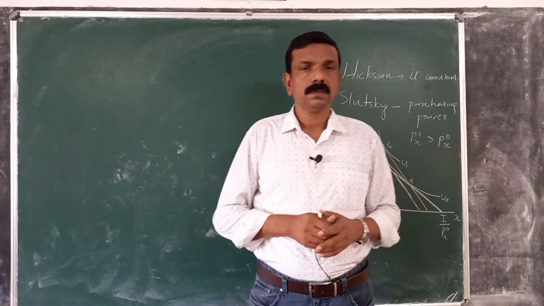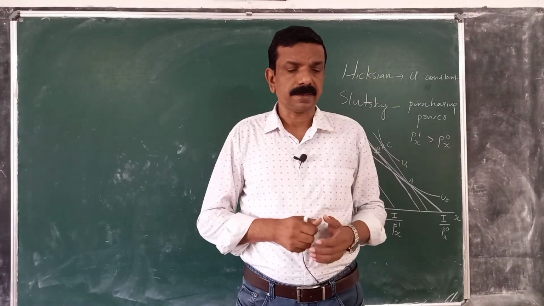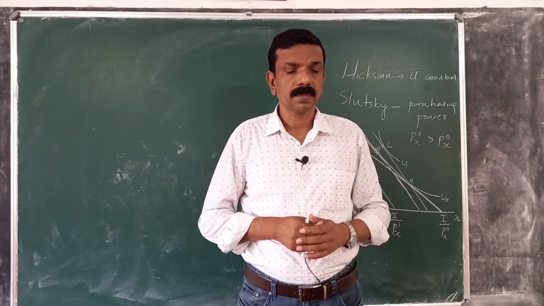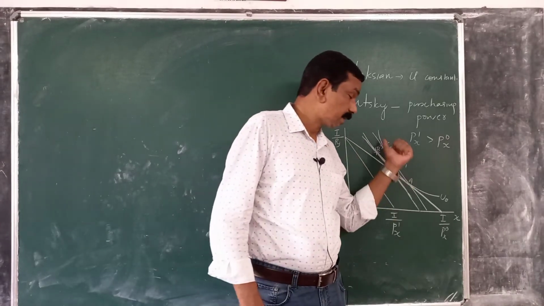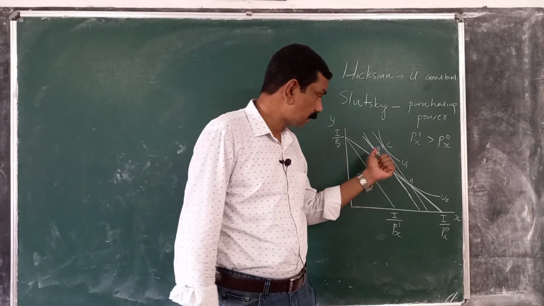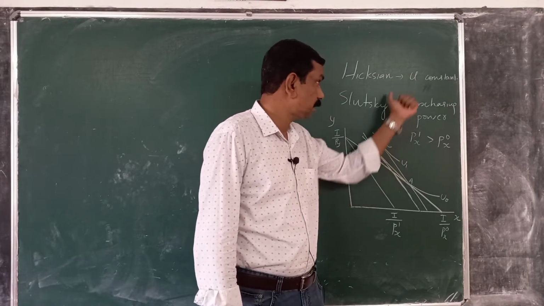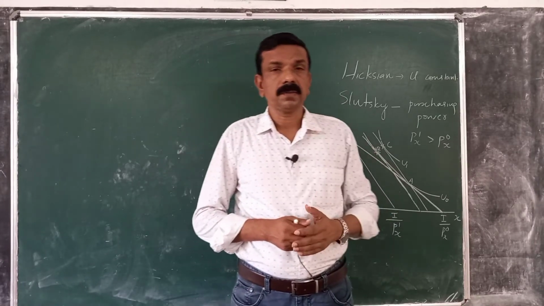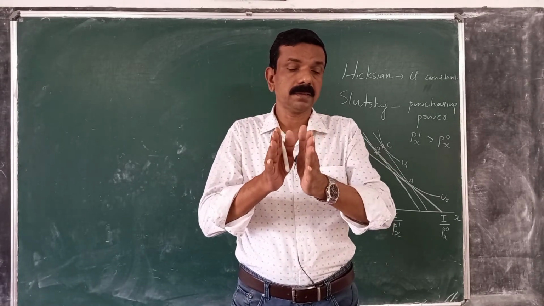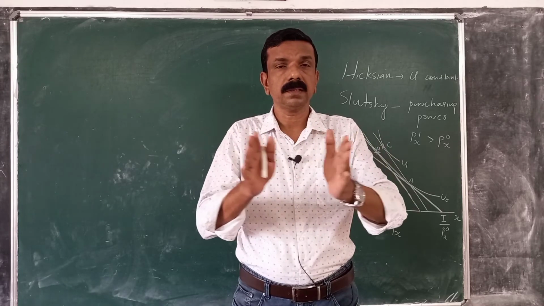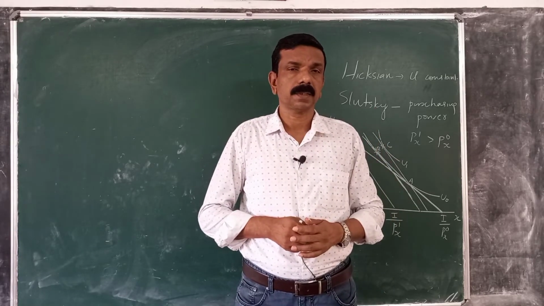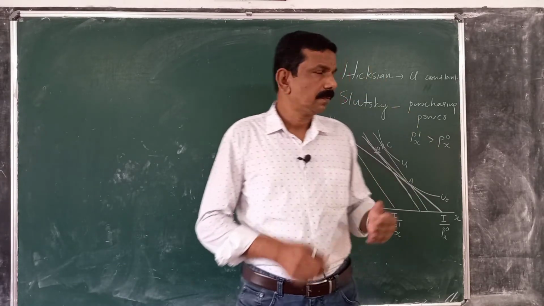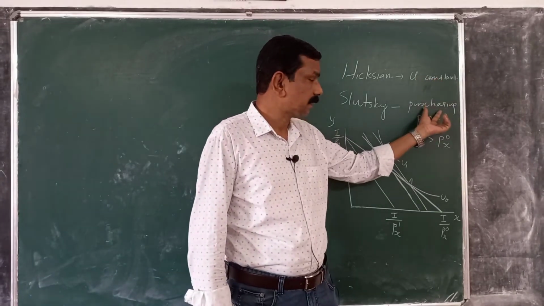Although the degree of compensation and also the resulting satisfaction level differ in the Hicksian and Slutsky cases, the form of the Slutsky equation does not change when we consider these types of compensation. Its form is the same; it will not be affected whether we consider Hicksian or Slutsky substitution.